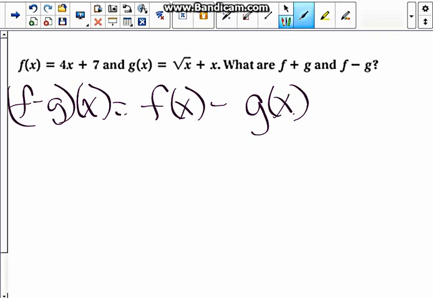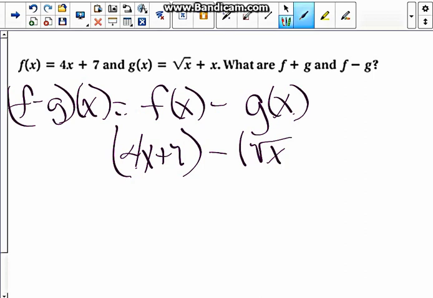So now we're going to get our f of x, which was 4x plus 7. Put each function in parentheses, and that will help you keep everything straight, minus our g of x, which is radical x plus x.